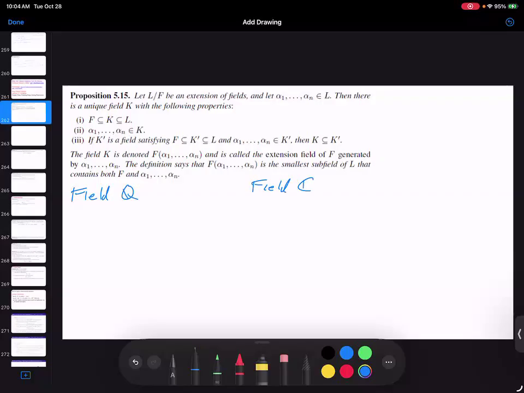Let's choose an element that is complex but not rational. So let's take maybe the square root of 2 and the square root of 3. And we want them to be in our field K, and we want K to live between the rationals and the complex numbers.